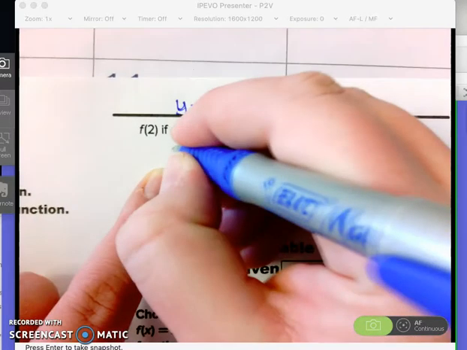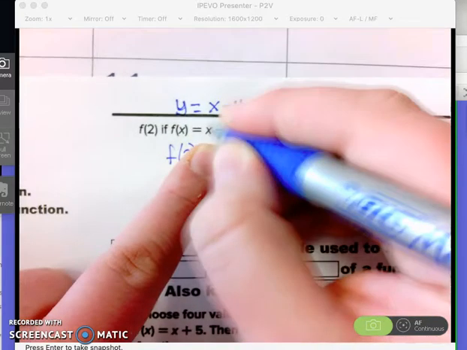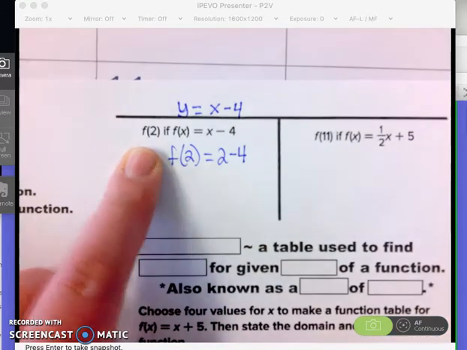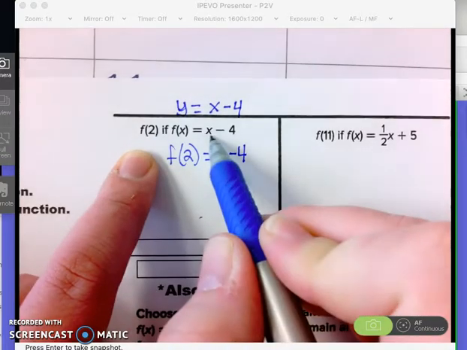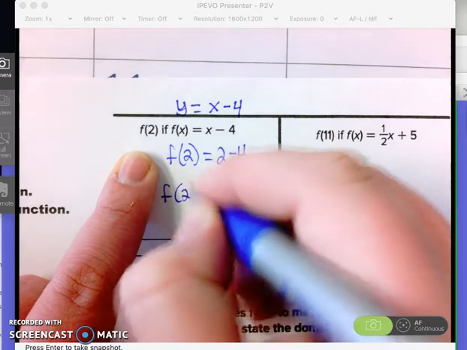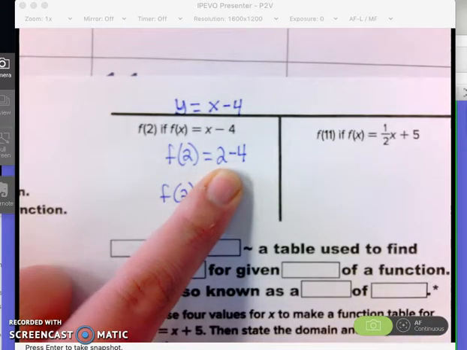So f of 2 is equal to 2 minus 4. I substitute what I know for x. So f of 2 is equal to -2, because 2 minus 4 is -2.